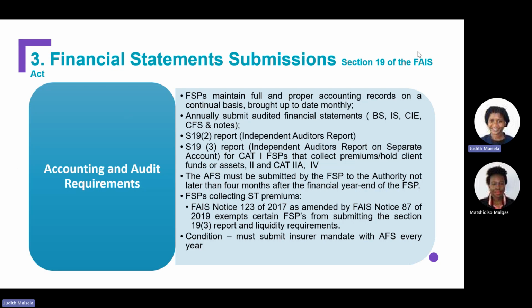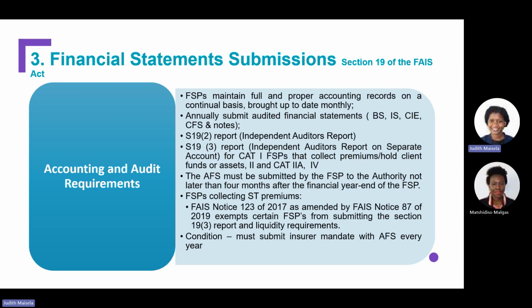Moving forward, let's go into the financial statement submission as prescribed in Section 19 of the FAIS Act. These are the accounting and audit requirements, which require that FSPs must maintain full and proper accounting records on a continual basis and brought up to date monthly.